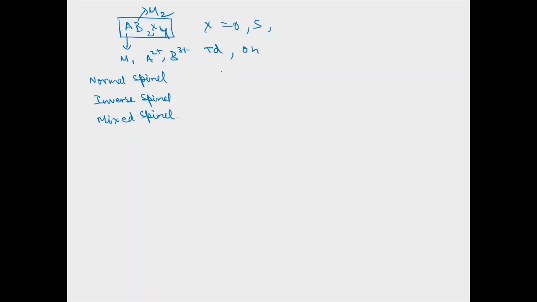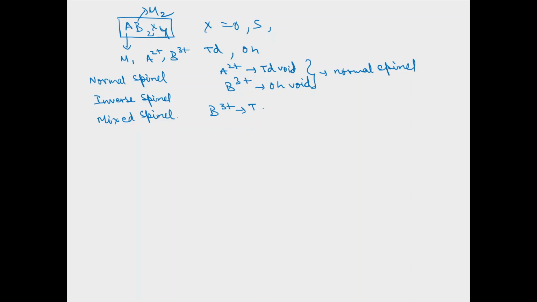So if A2+ is going in the tetrahedral void and B3+ is going in the octahedral void, then the structure we will get is normal spinel.